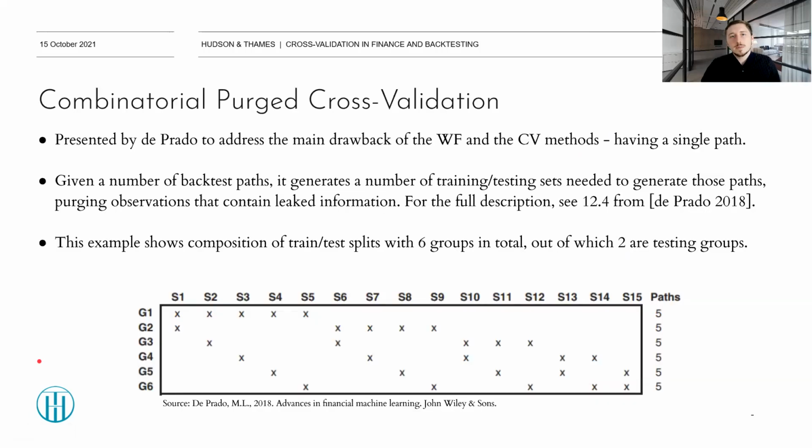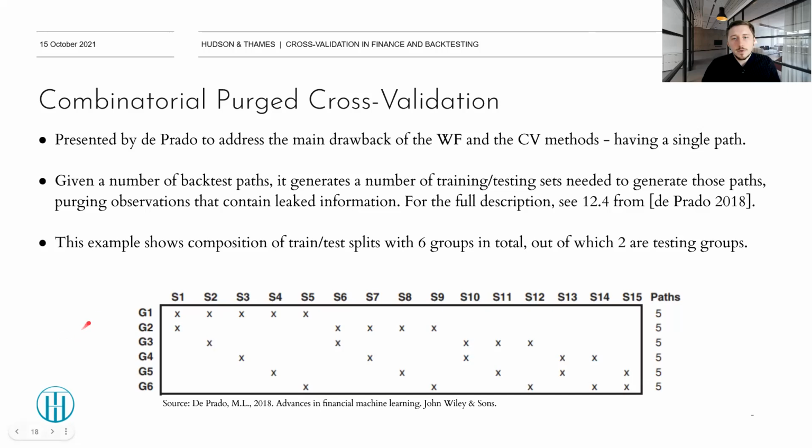The solution to this, proposed by Professor De Prado, is combinatorial purged cross-validation. It's presented to address the main drawback of the walk-forward and the cross-validation methods, having a single path. So in walk-forward, we do have one backtesting path, and the results of backtesting only on a subsample of data. In cross-validation, we do have performance metrics for each data point in our data set, but this is always a single path.